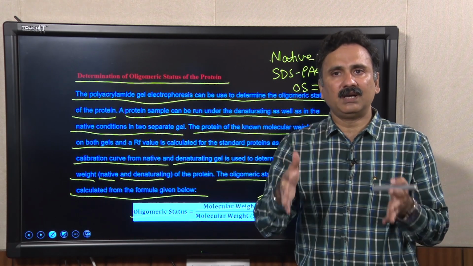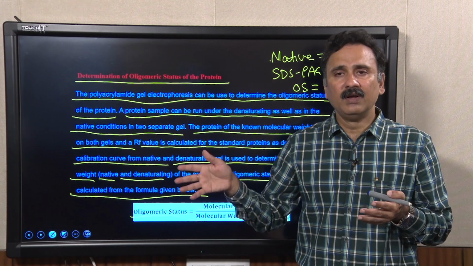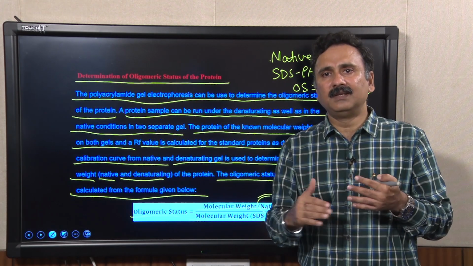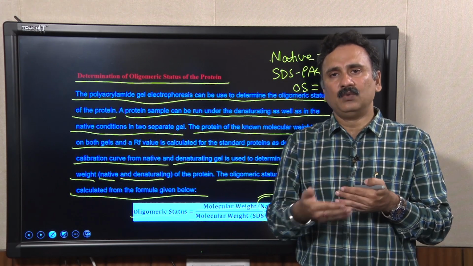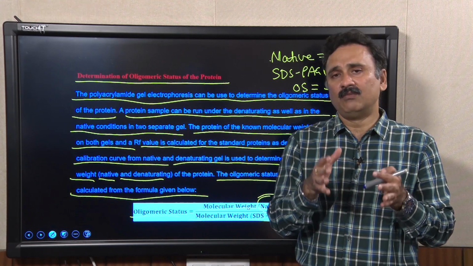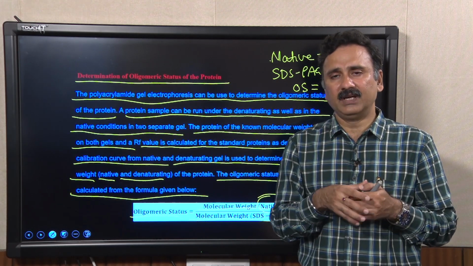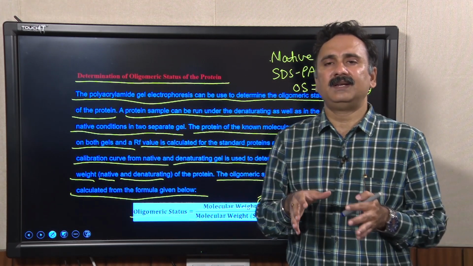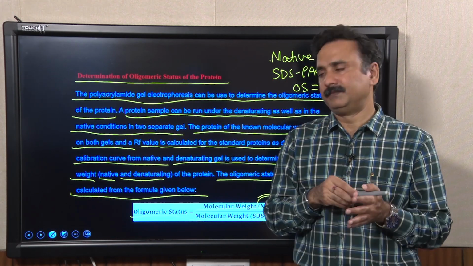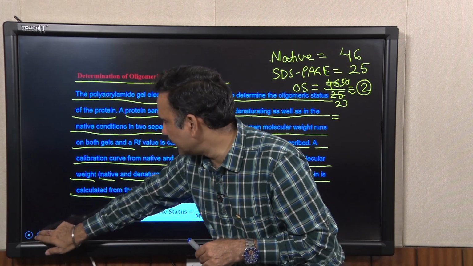For example, if you get 1.75, you can make it 2, and if you get 1.2, then you again make it 1. So, that is the general understanding you have to adopt if you want to determine the oligomeric status in a more perfect way, because the oligomeric status cannot be a partial number, it has to be a whole number. Now, let us move on to the next problem.